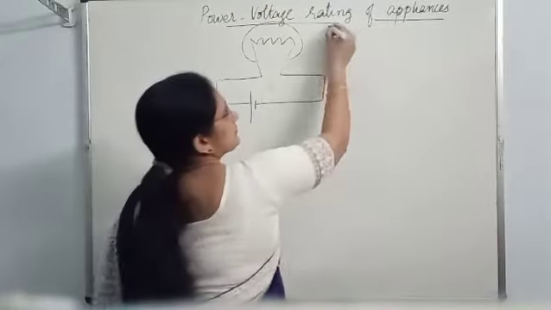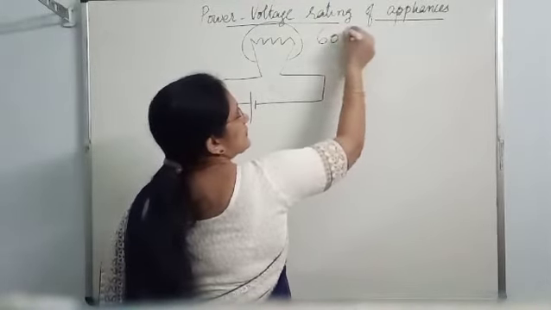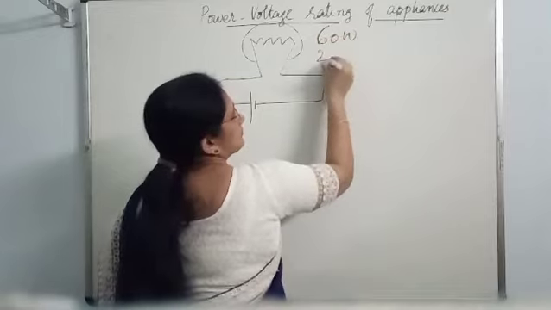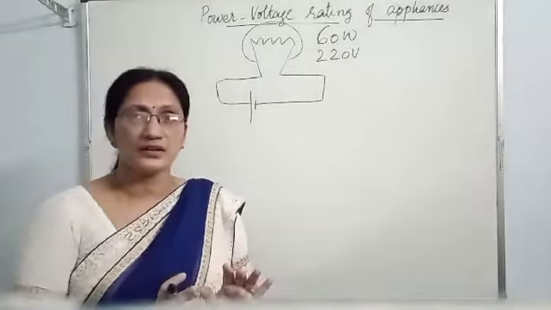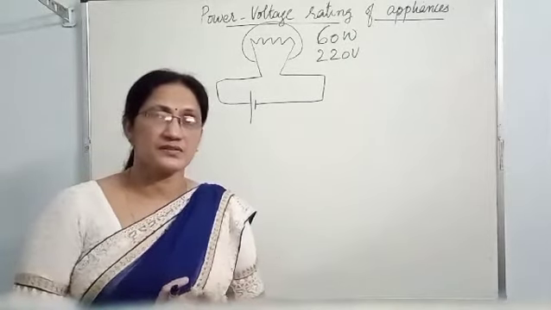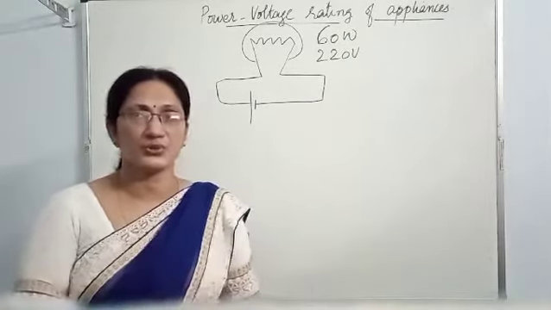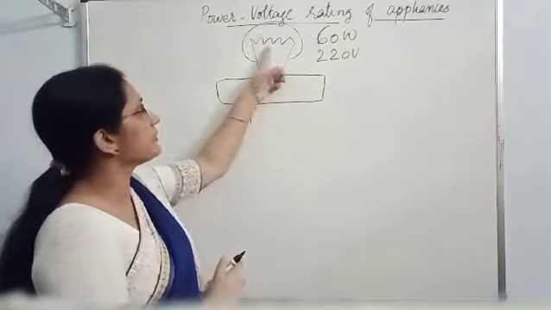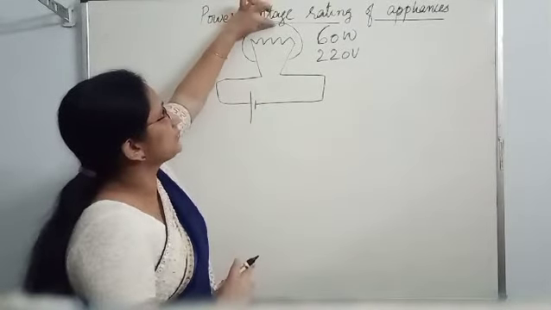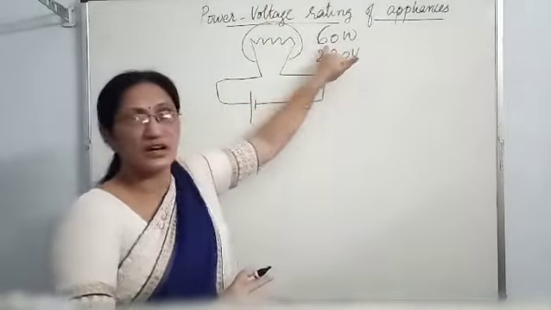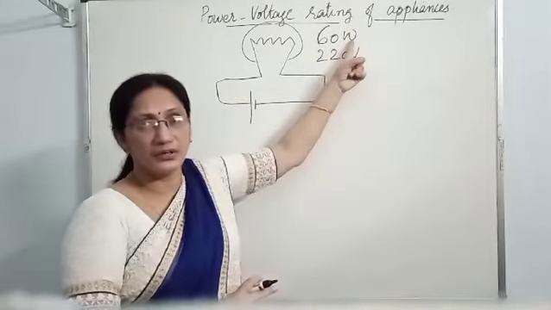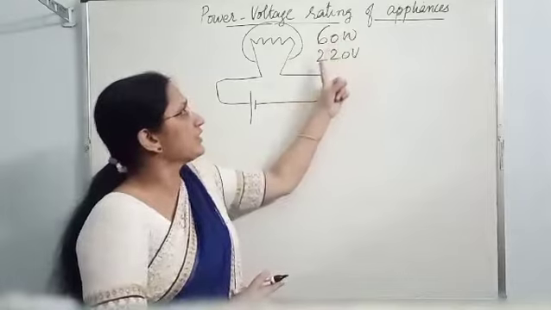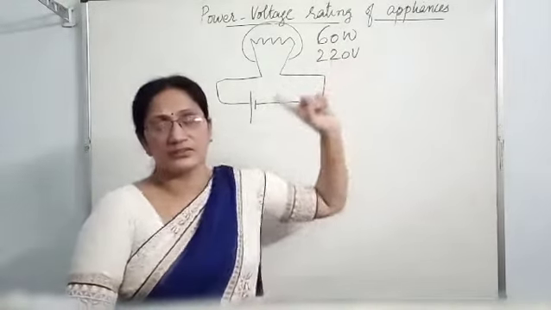The numbers may vary from device to device. Suppose the labeling is written like this. You have to read it as 60 watt and 220 volt.